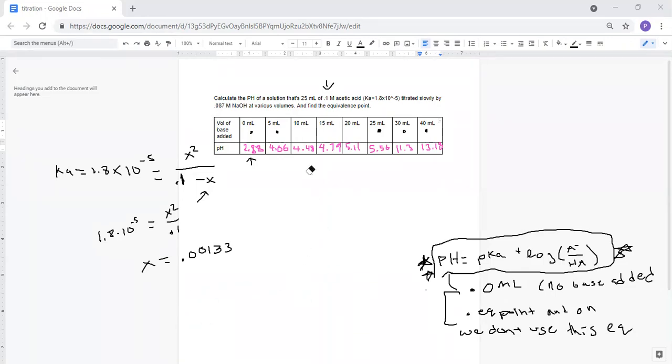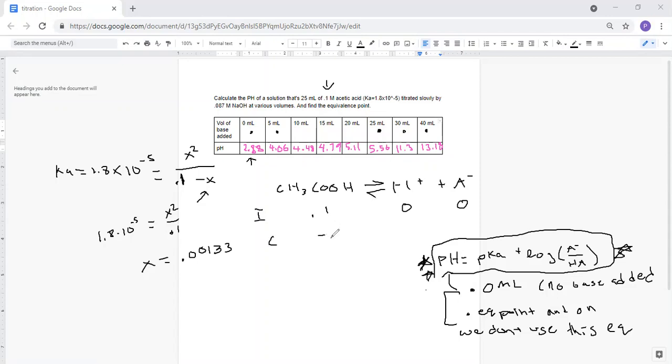Also, for those of you who want to use ice tables, since we have 0 mils of base, we just have acetic acid in solution, basically breaking apart, disassociating, losing its H plus and creating A minus. So initially we don't have any H plus and A minus, we just have our 0.1.